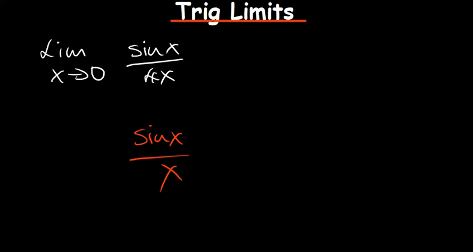This is the form we want because we know we can't change the x that is attached to the function sine. So let's ensure we have x on the bottom. How are we going to do that?